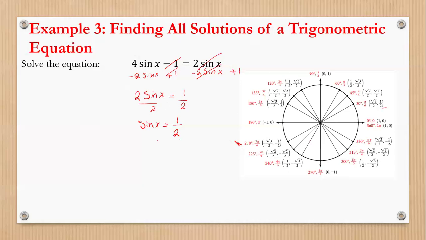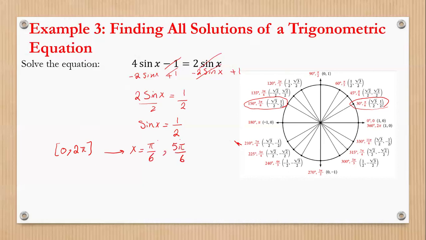This point, the y value is positive 1/2, and this point is also positive 1/2. So that means the answers are pi over 6 and 5 pi over 6. So the solutions from 0 to 2 pi are only pi over 6 and 5 pi over 6.